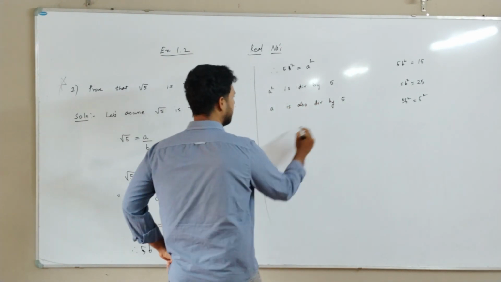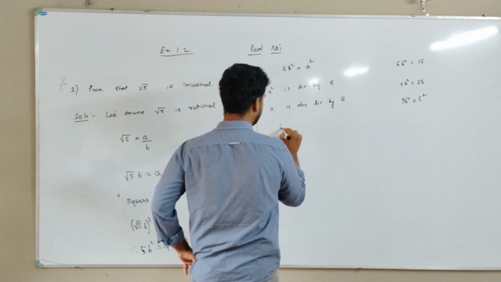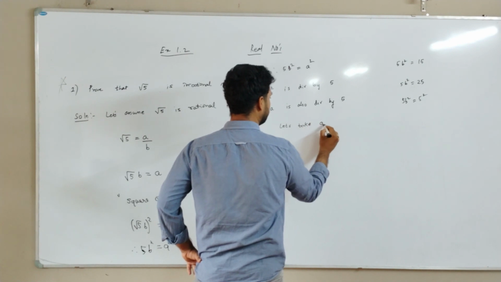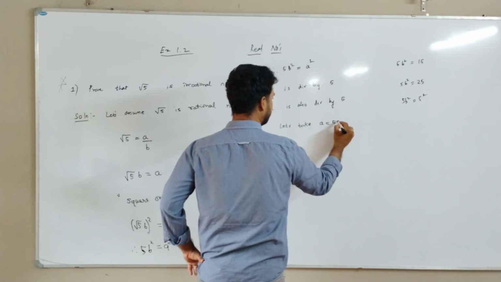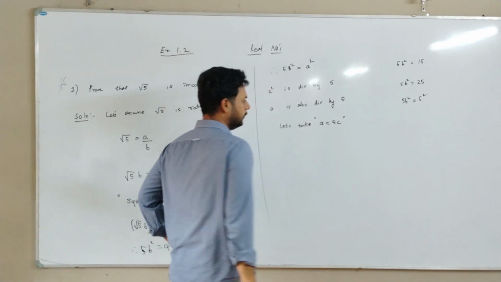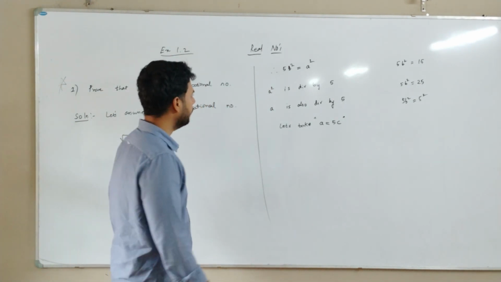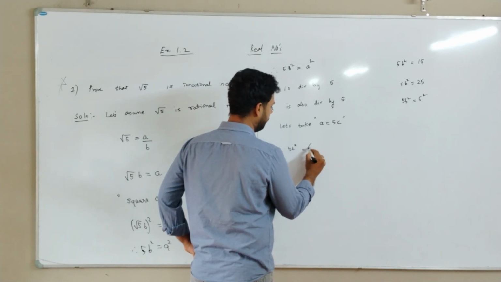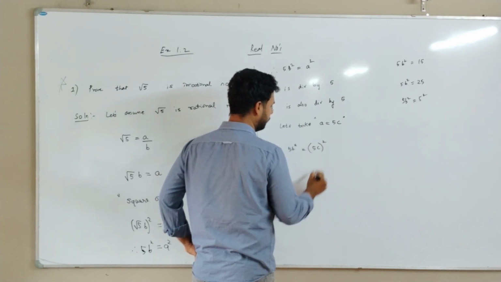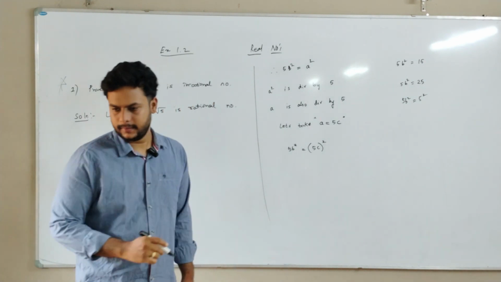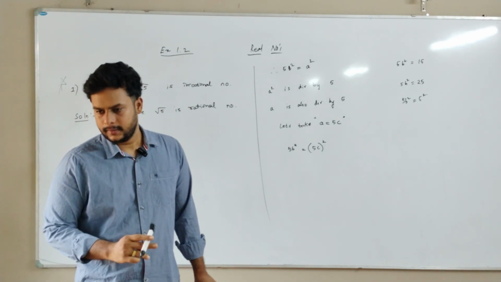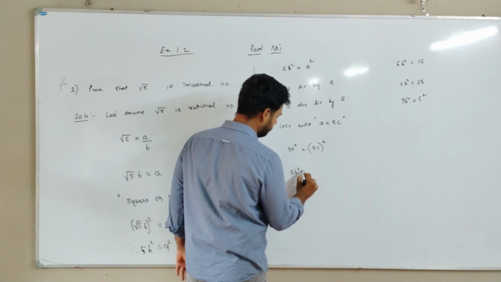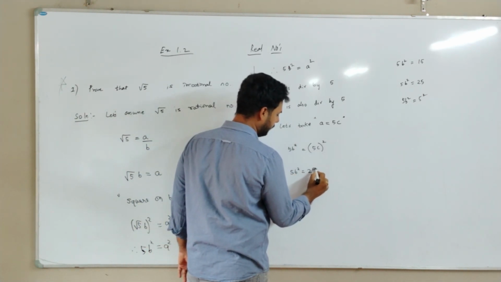Next, now what I will do, let's take a is equal to 5c. I will consider a is equal to 5c. If I consider a is equal to 5c, 5 b square is equal to, a means 5c the whole square. 5c whole square. 5 b square equals 5 square, 25, c square.